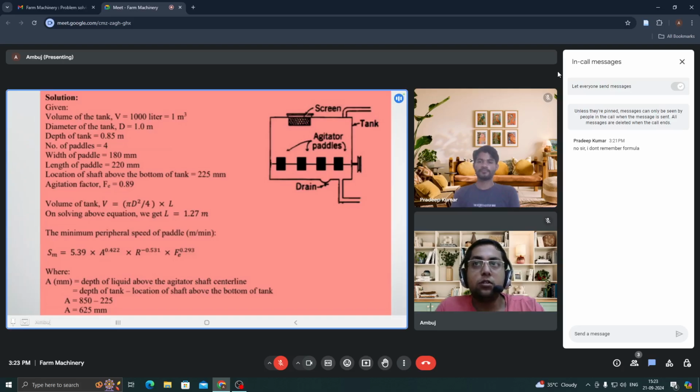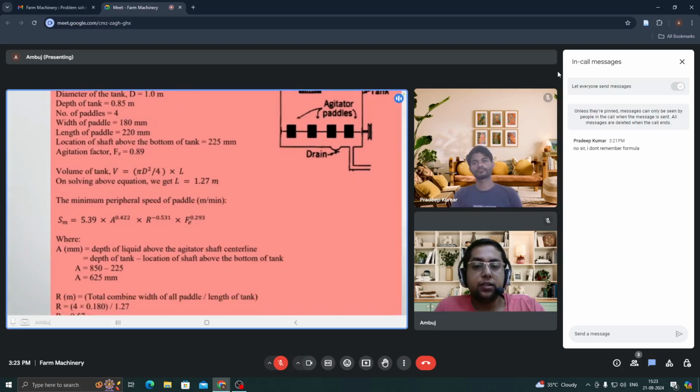Empirically you have to calculate. There is no straight logic for calculating the minimum RPM which has to be provided to the pedal in order to agitate the mixture. See this particular minimum peripheral speed, which has been derived empirically. So what is the equation here?